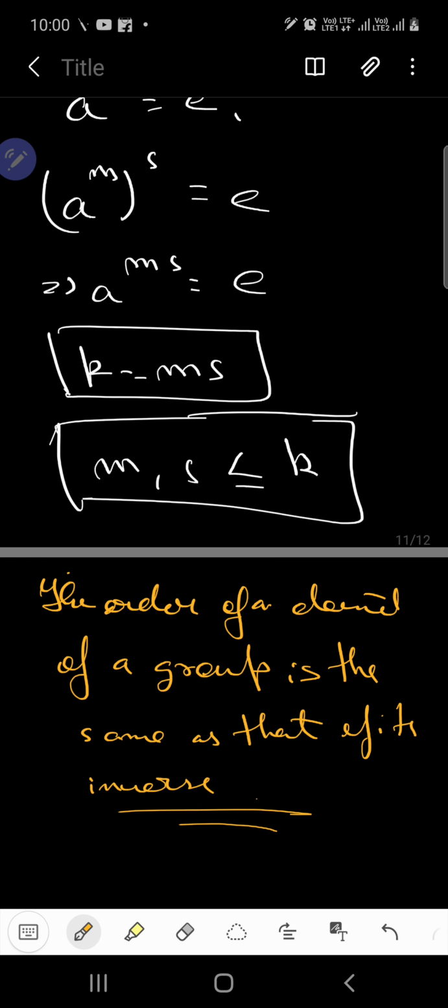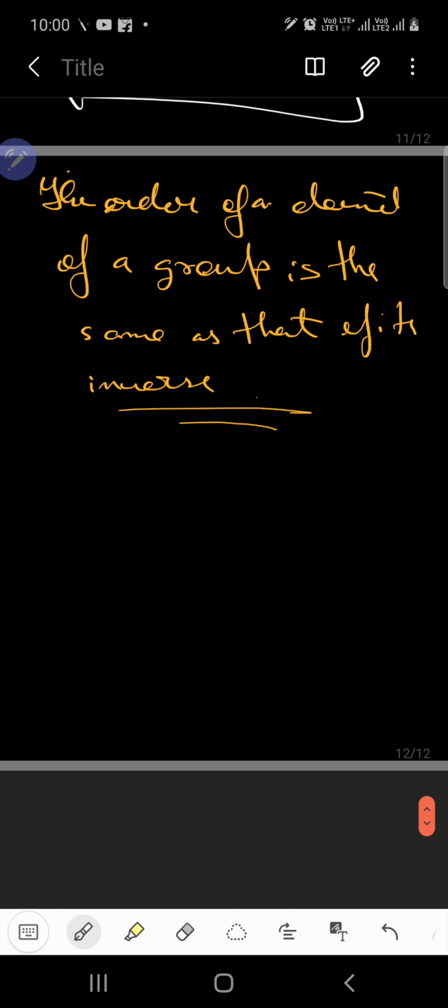The order of an element of a group is the same as that of its inverse. So how can we understand this basic property? Let's just see first. Suppose you have a least positive integer n such that a to the power n is equal to e, where e is the identity element.